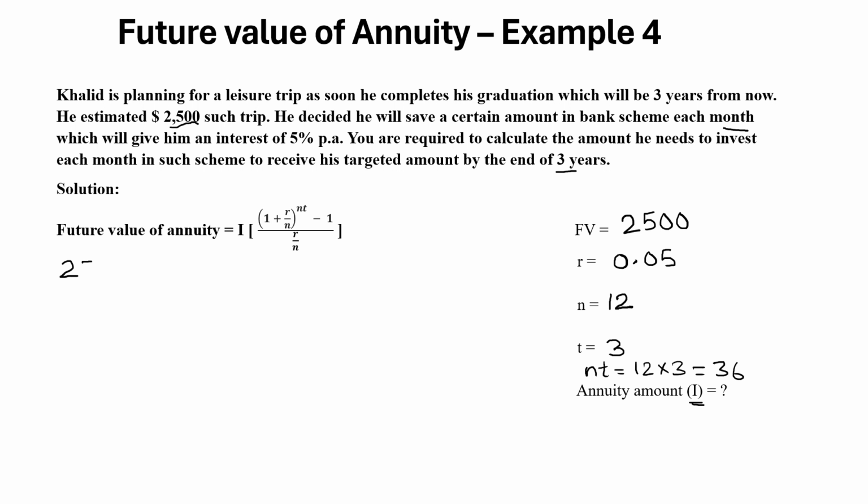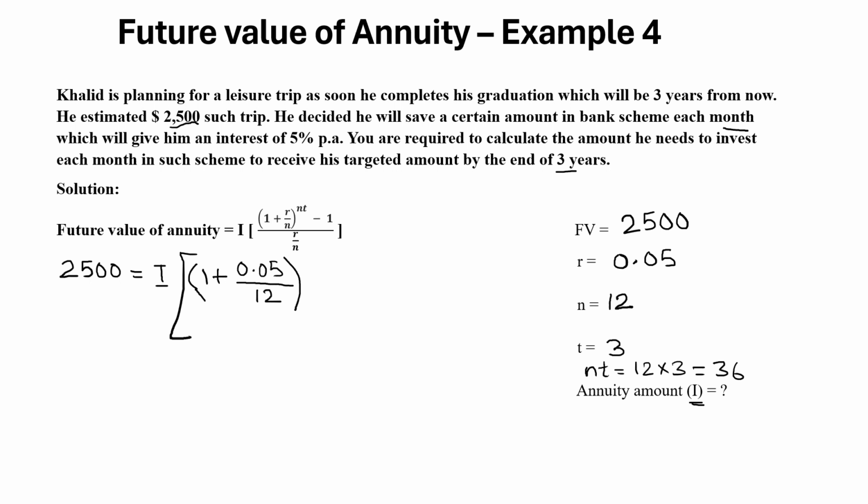So now just substituting the values, we will write it here. Future value of annuity 2500 is equal to I bracket 1 plus R, which is 0.05, 5%. Divide by N, it is monthly, so N will be 12, bracket close.